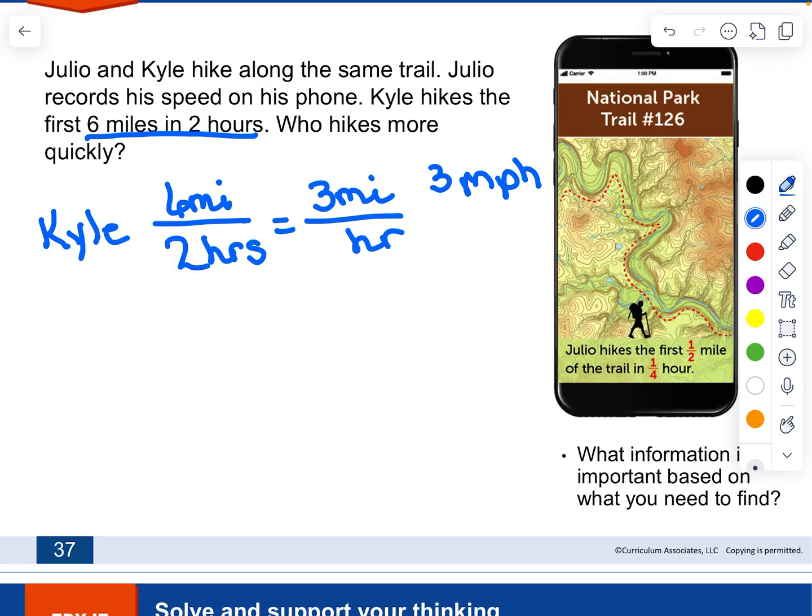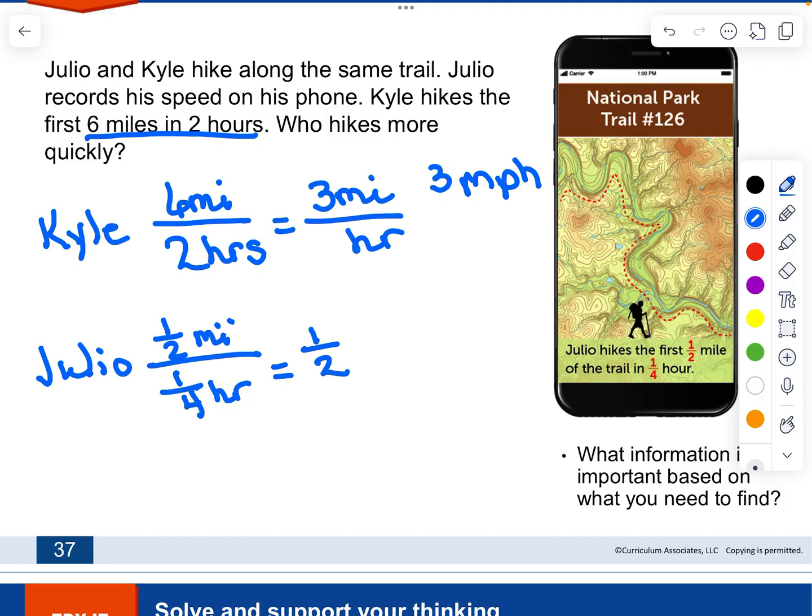Julio hikes the first 1/2 mile in 1/4 hour. So that's the same thing as 1/2 divided by 1/4, or 1/2 times 4/1. 1 times 4 is 4, 2 times 1 is 2, and 4 divided by 2 is 2. 2 miles per hour.